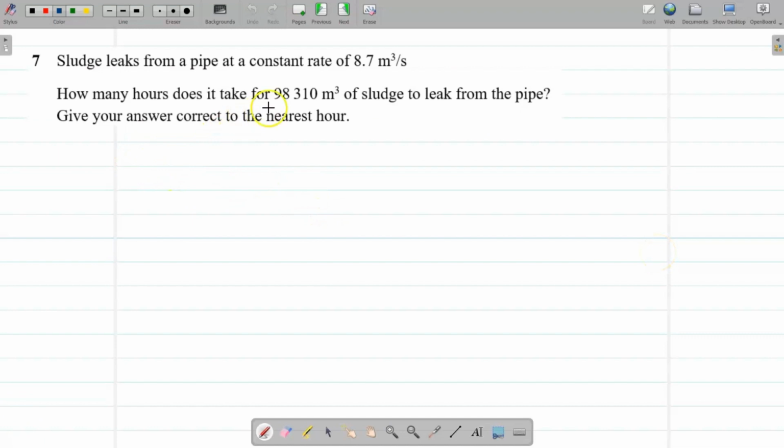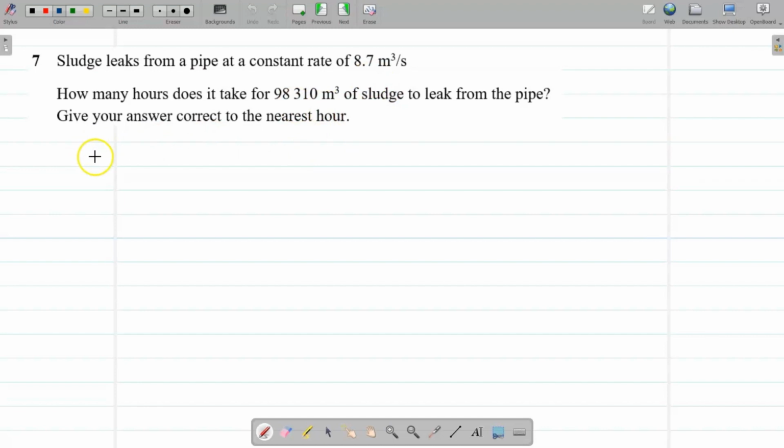In this question, this is the volume of sludge that's going to leak from this pipe at this rate. So what we've got to do is find out how many hours it takes for that to leak out at that rate.